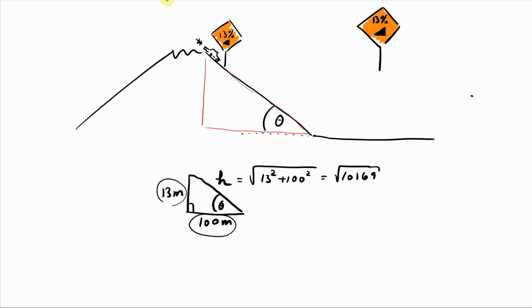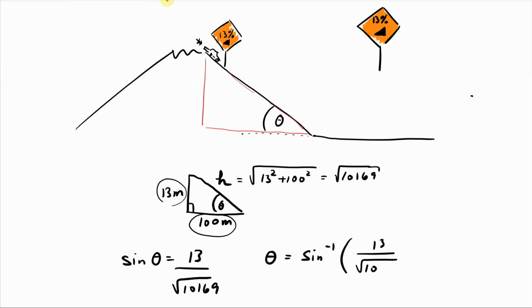Now I can say that sine of theta is the opposite side over the hypotenuse, and theta is just the arcsine of that value. This is clearly not a nice value, so you're going to have to use your calculator. If you set your calculator in degrees and use the arcsine function, you get approximately 7.4 degrees.